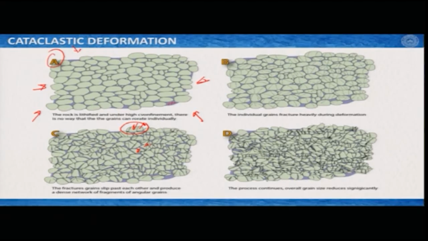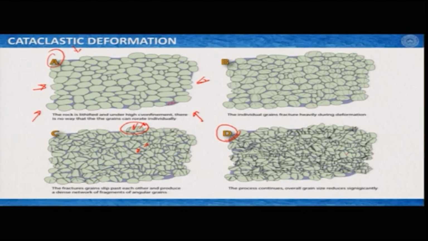So, all these processes do happen, but what is important, you see that by this fracturing the grain size got significantly reduced, and if that continues, what we finally achieve is what you see in illustration D. So, the overall grain size reduces significantly. The grains, unlike the granular flow, are extremely angular.